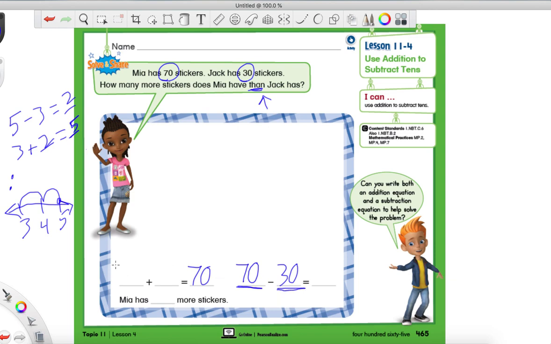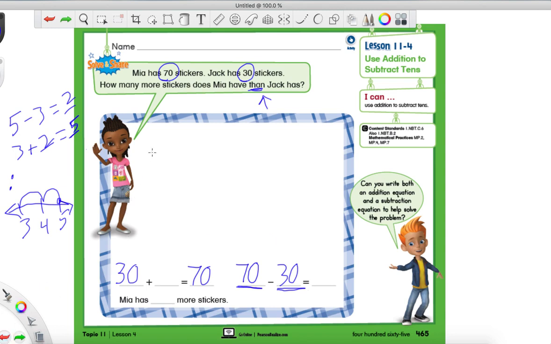So the part can go over here in front of the plus sign. And now we just need to know what number we can add to 30 to get to 70. And when we figure that out, we're just going to move it on over here, and it will be the same answer. Same number for both of these problems will be the correct answer.